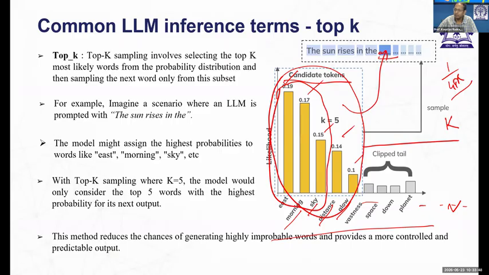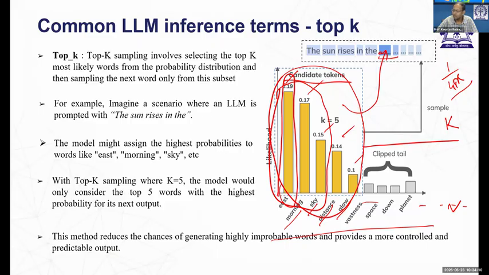If you want to be very precise and go with only one token, I'm going to go with top one. Top one means there is no chance for the LLM to have any kind of diversity. You are fixing the token that has the highest probability, that is east.